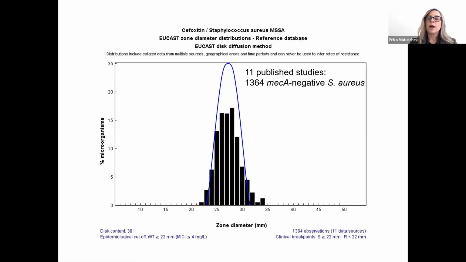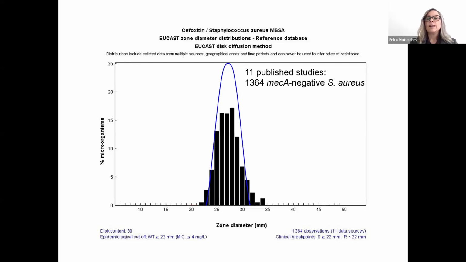And in the next picture, I have kept the blue curve in the same position as when we tested the QC strain over and over again. But now the picture shows data from published studies. So none of these data is from our laboratory. It's from 11 different laboratories.